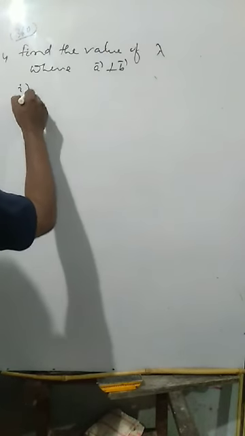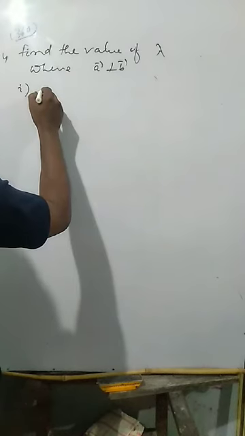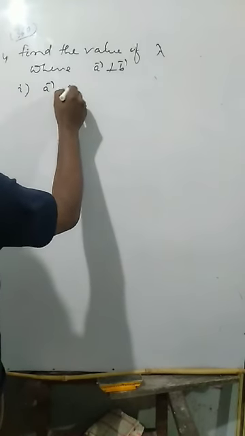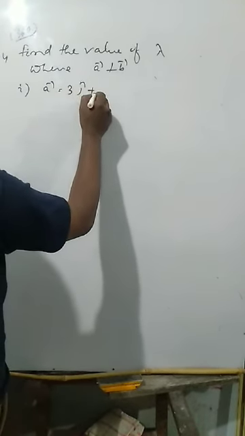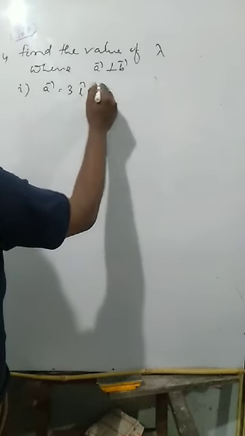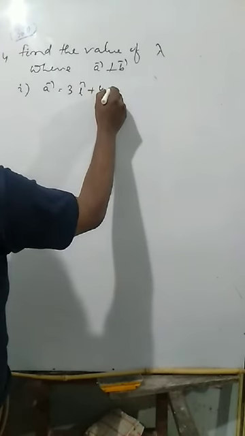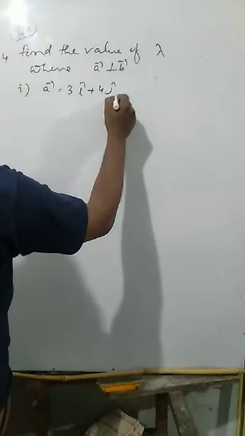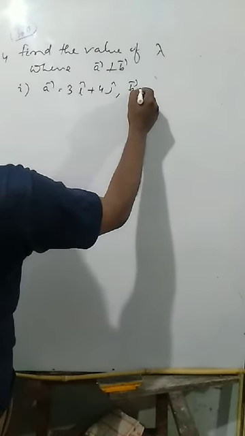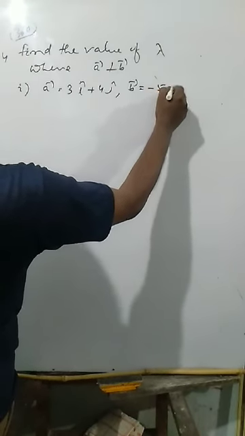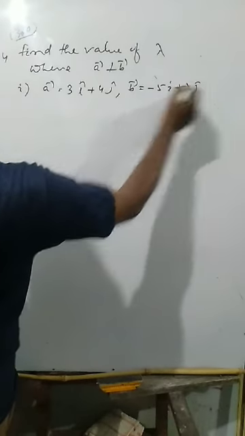The first question is given: a vector equal to 3i cap plus 4j cap and b vector equal to minus 5i cap plus lambda j cap.